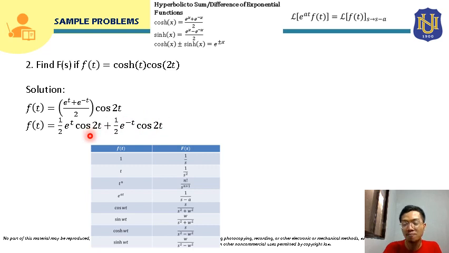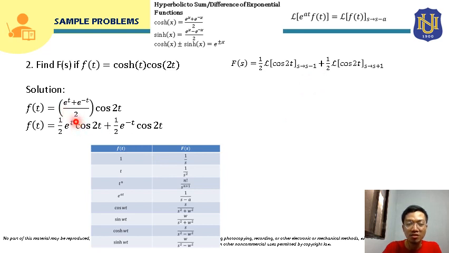From here, we can apply linearity of Laplace transform. We can just distribute the Laplace transform for this and this individually. Let's say for the Laplace transform of e raised to t cosine 2t, we can apply the first shifting theorem here.